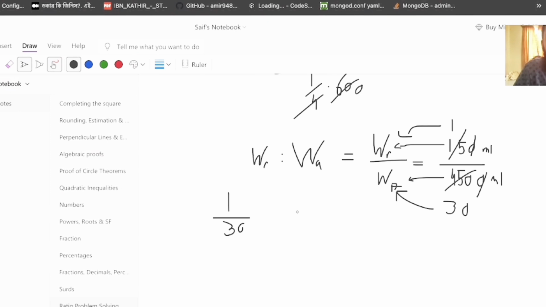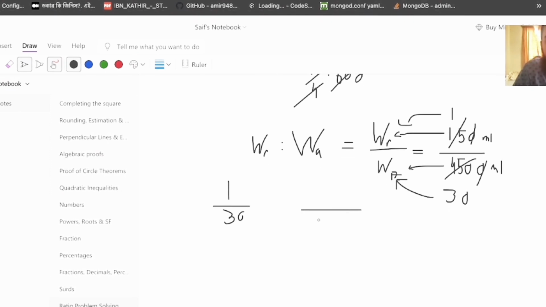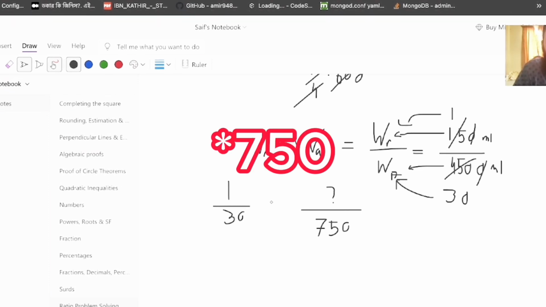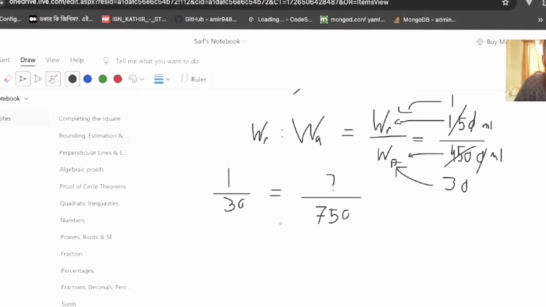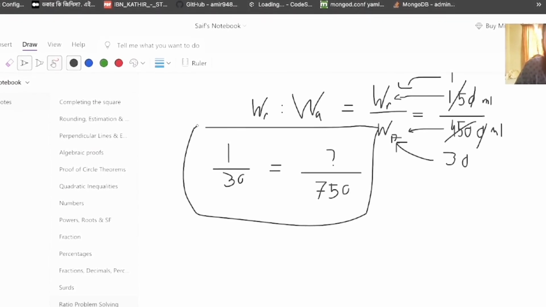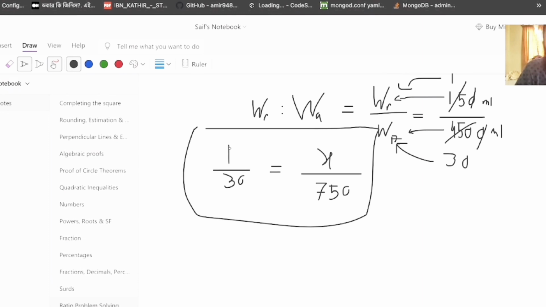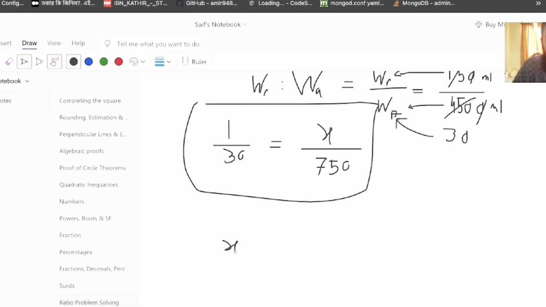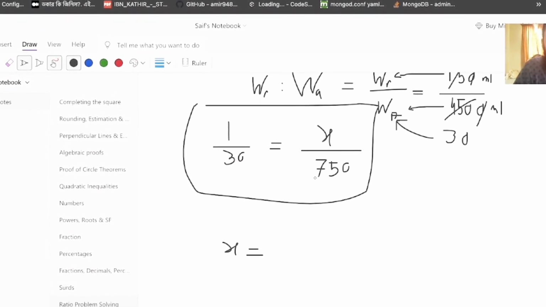So how much wallpaper remover should be used for 750 milliliters of water? I can set up an equation: X for 750, just as for 1 milliliter of wallpaper remover I use 30 milliliters of water. What is the value of X?